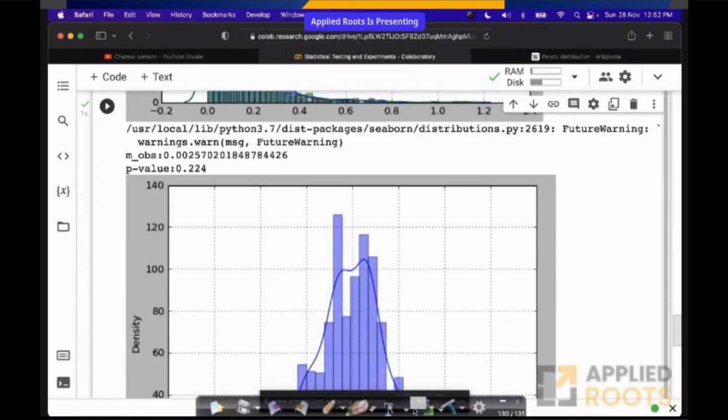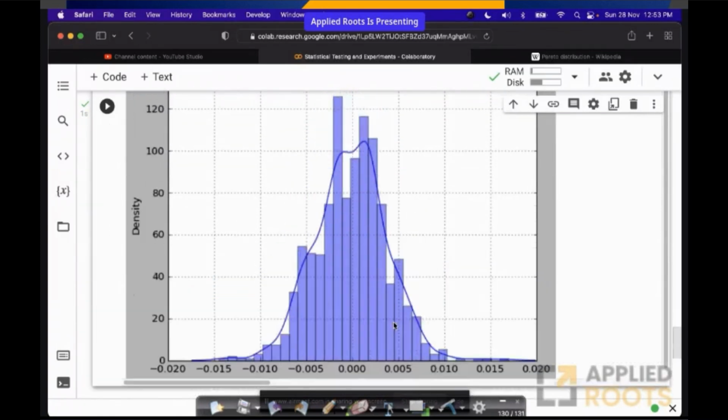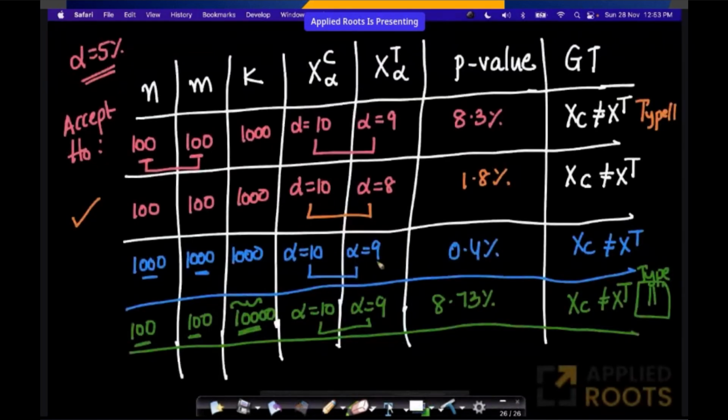See, I told you it cannot be done. Okay, so the p-value that we're getting here is 22.4%. What is the value that we have? 0.002. Okay, yeah. So this number is true for 8, not for 7, not for 9, right?